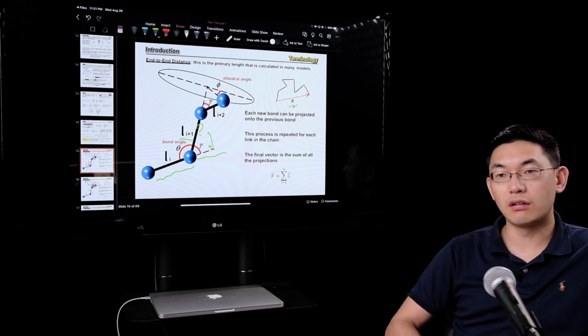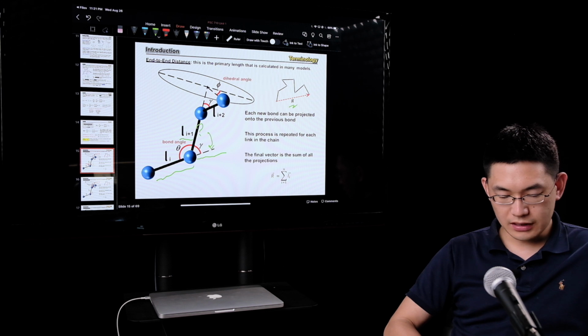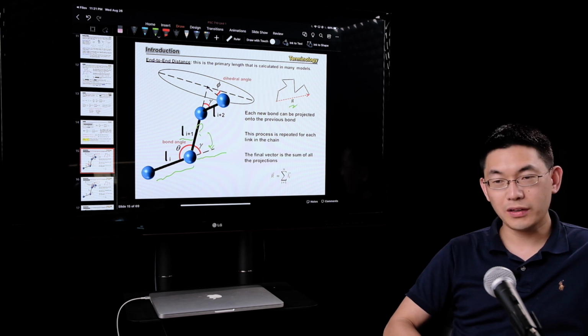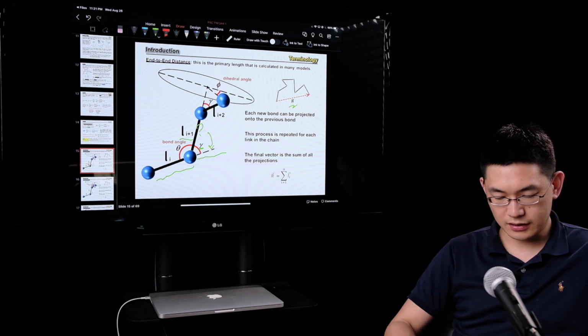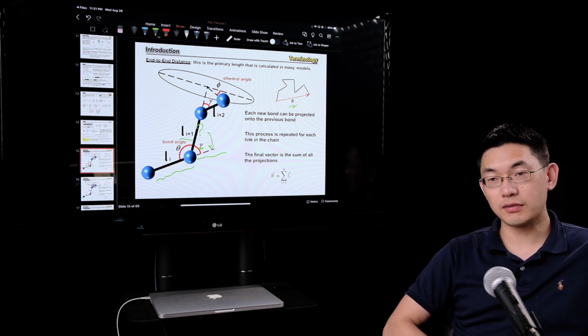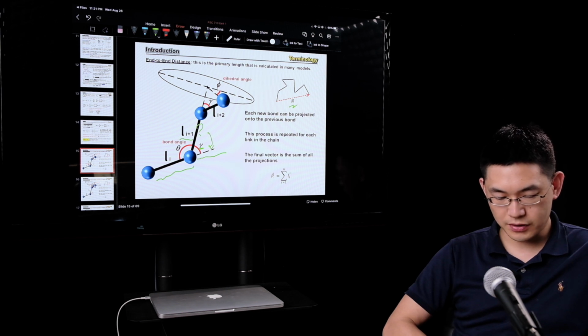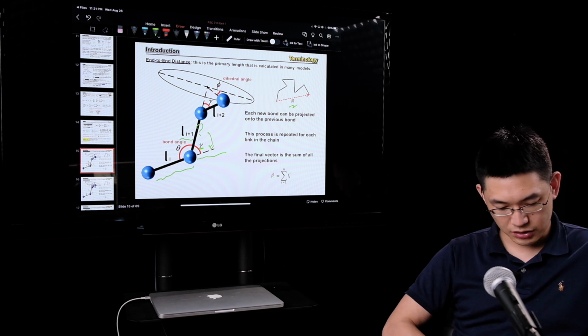So if you compare these two, how much the bond L_(i+1) has been following the previous bond will be equal to this bond length multiplied by this cosine theta, right? And we will discuss a little bit more in the next few slides about this concept of projection, because it will be important when you consider a free rotation chain model.